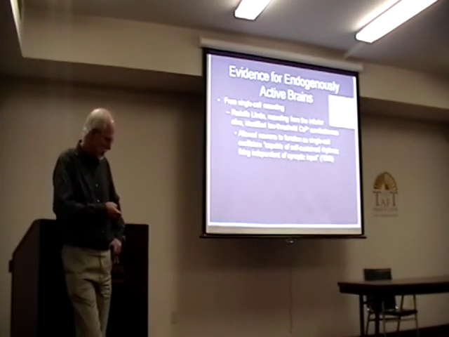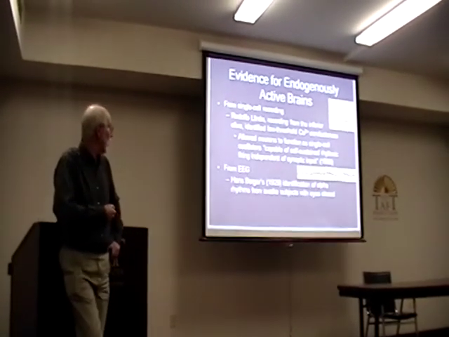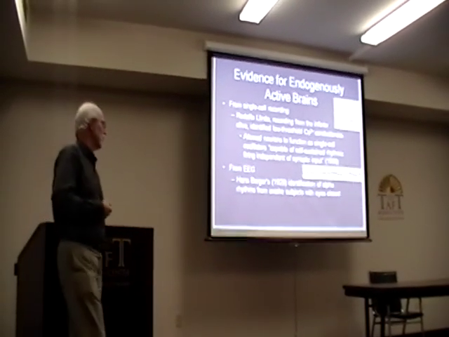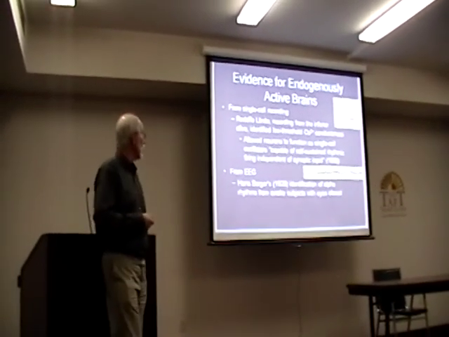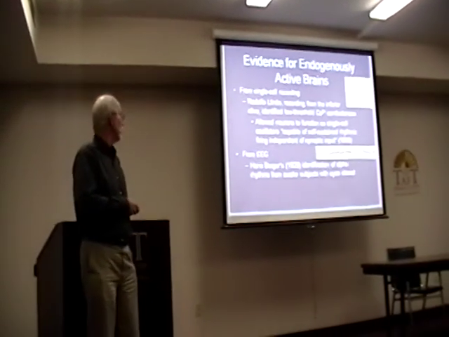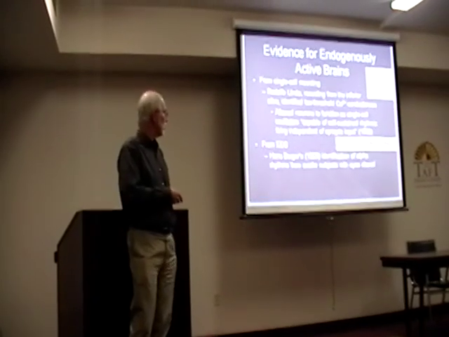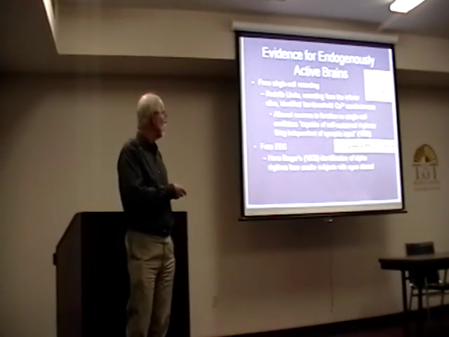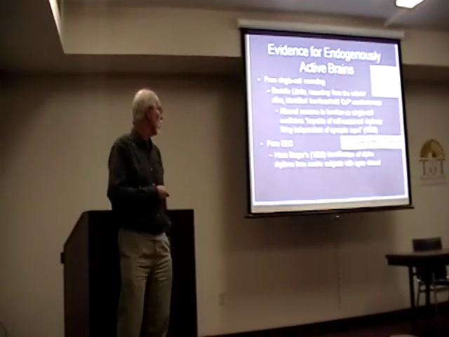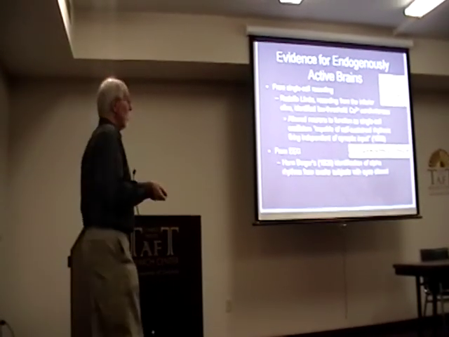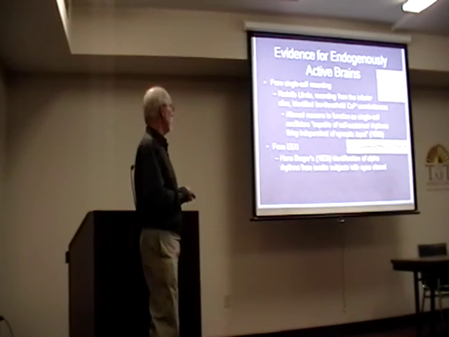focus on endogenous activity. Even before that, Hans Berger's initial work with the development of the electroencephalogram, one of the first things he did was record from people while they were awake with their eyes closed, and found what he characterized as alpha rhythms of roughly 8 to 12 hertz that are ongoing in a resting brain.